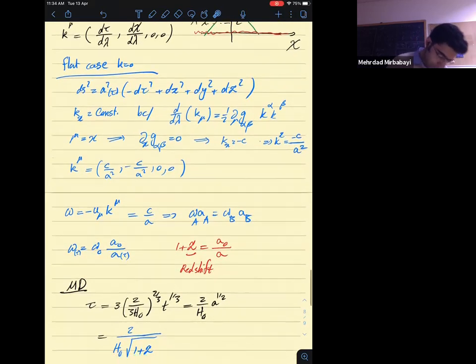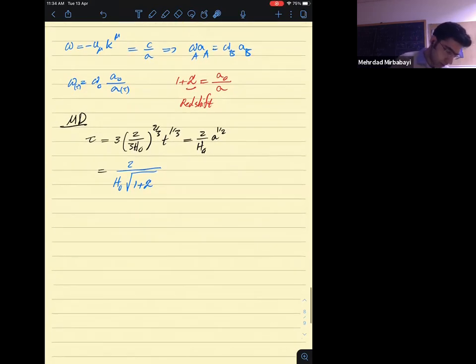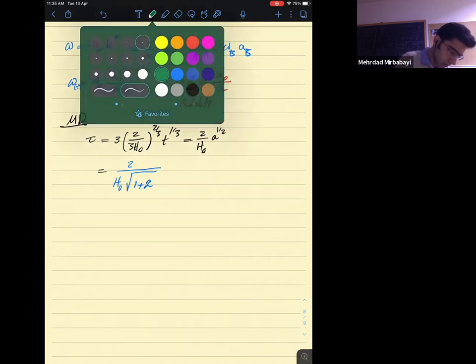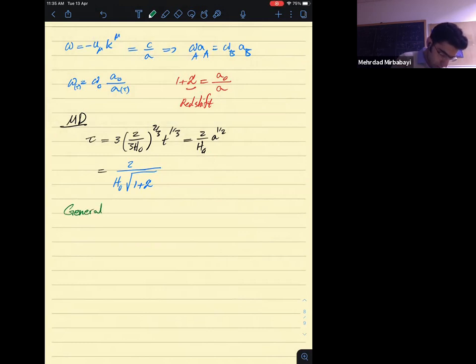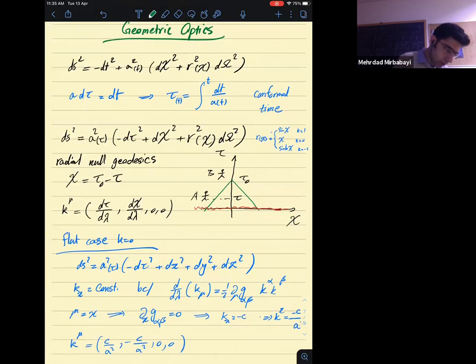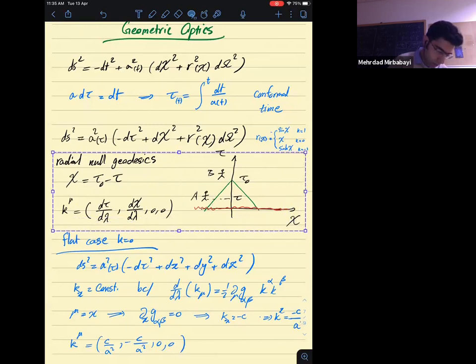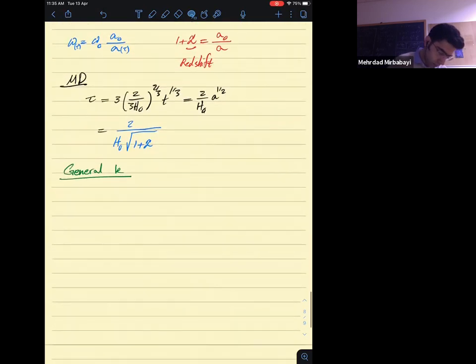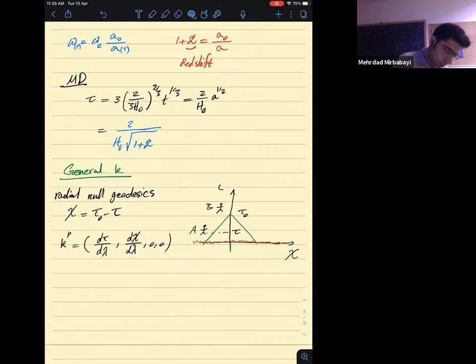So let us switch to general K. Here's the problem that we want to consider, but now for general K, the spatially curved cosmologies, not the flat.